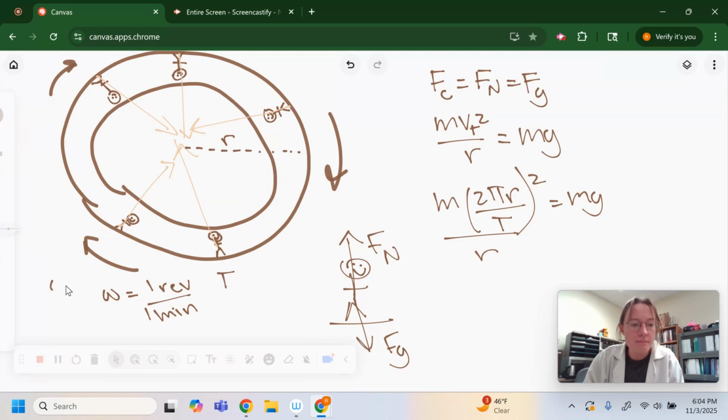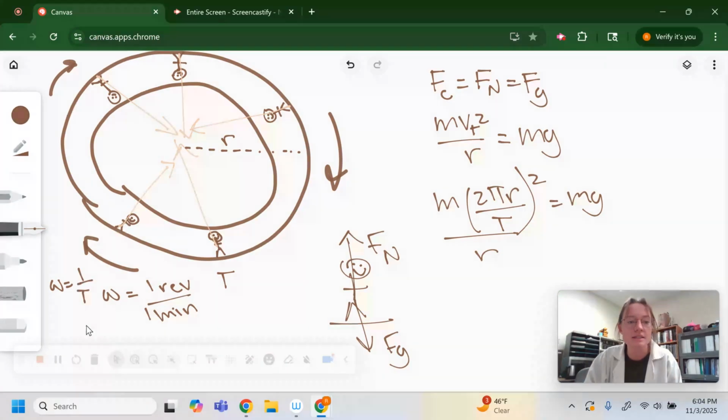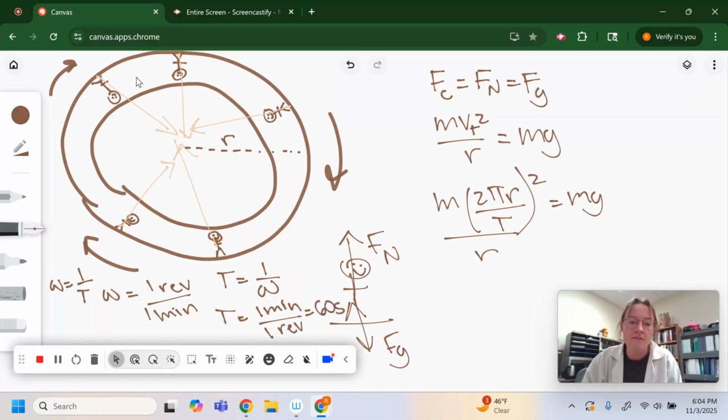Omega is 1 revolution per the amount of time it takes to go 1 revolution, which means the period would be 1 over omega, which is 1 minute per 1 revolution, or in good SI units, 60 seconds for one big circle.